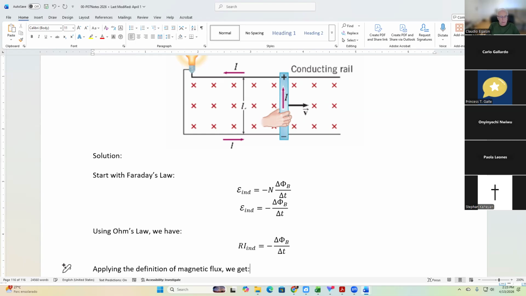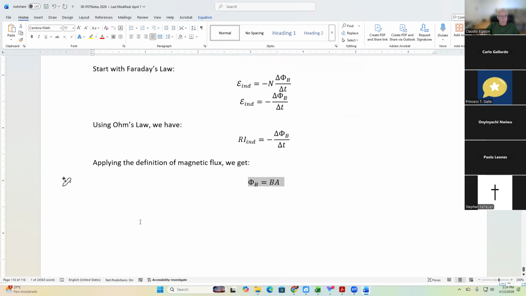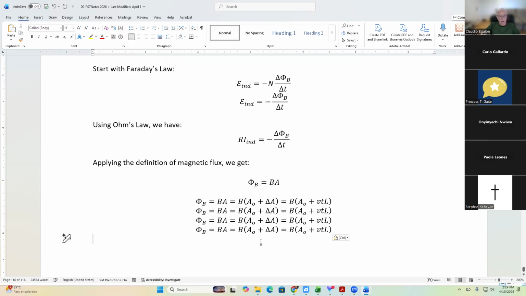We get this, the definition of magnetic flux, right? Which, by the way, can be written here in another way. Let me just copy everything here, and then I will walk you through it little by little.